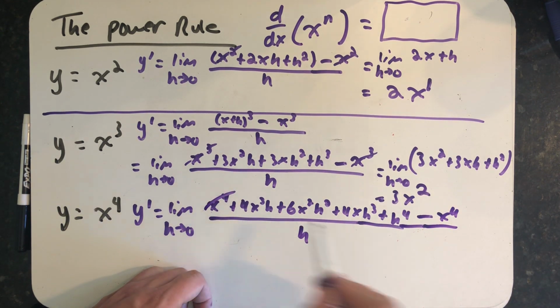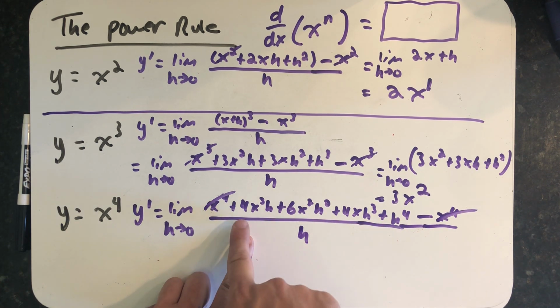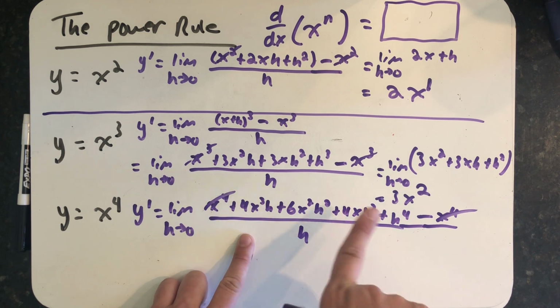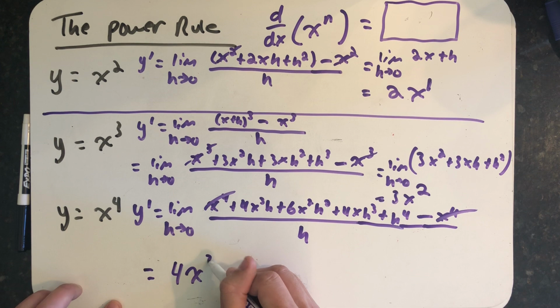And again, the x to the fourth terms will cancel. I'll lose one power of h in all of these. So that will be a 4x cubed after I cancel the h. Everything else will still have an h in it. So I'll just get 4x cubed.